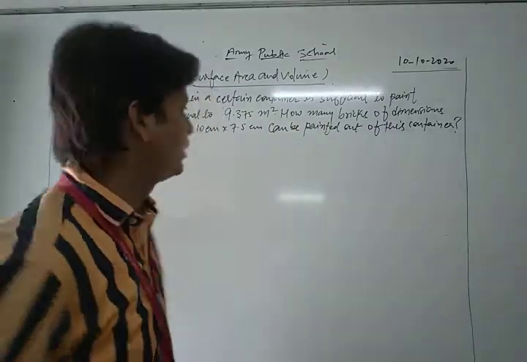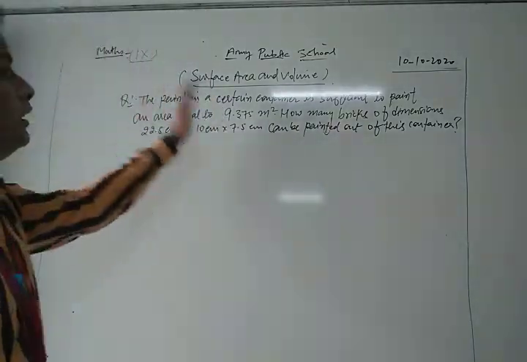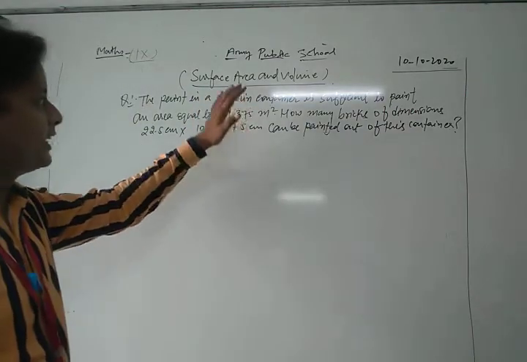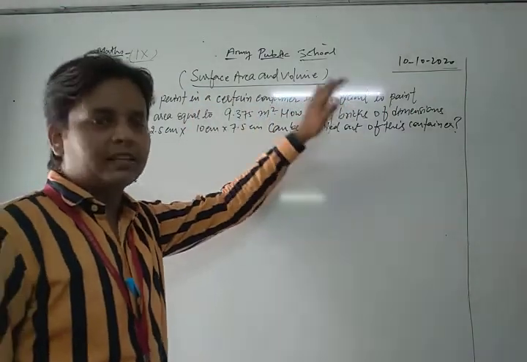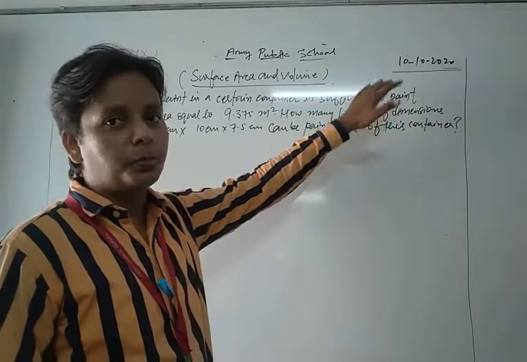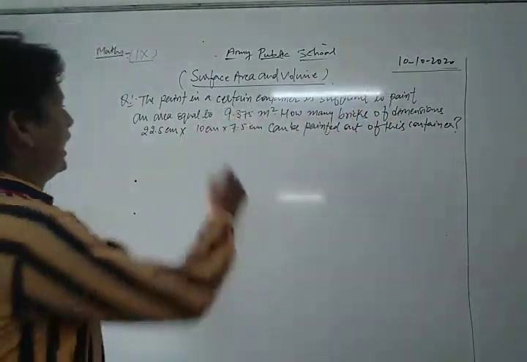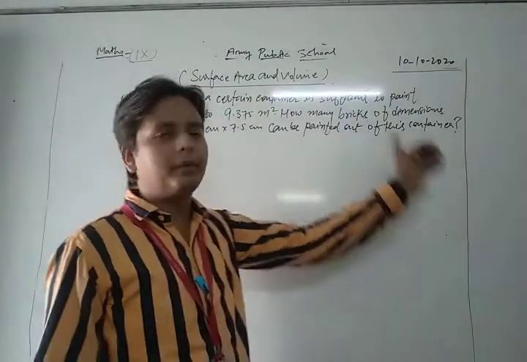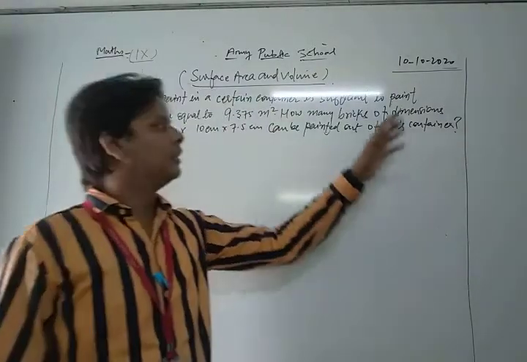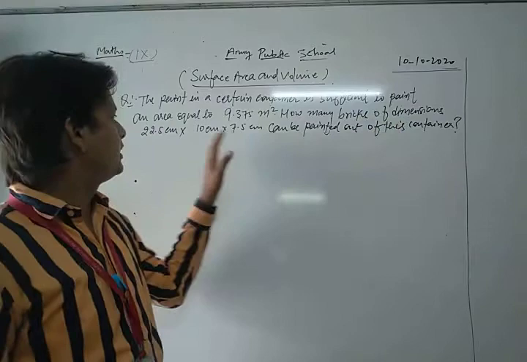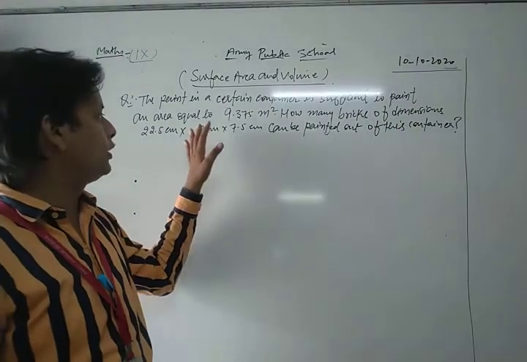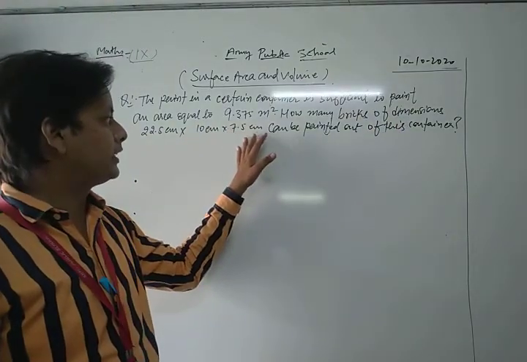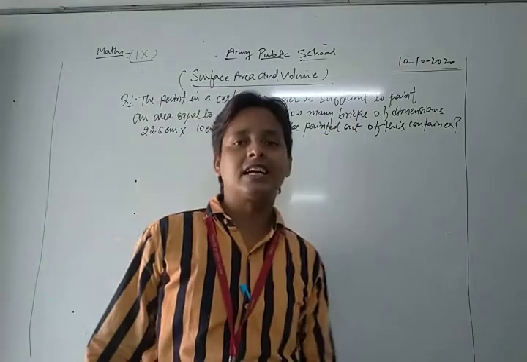Let's see its solution, dear students. The paint in a certain container is sufficient to paint an area equal to this many meter square, and then we find how many bricks of dimensions 22.5 centimeter into 10 centimeter into 7.5 centimeter can be painted out of this container.